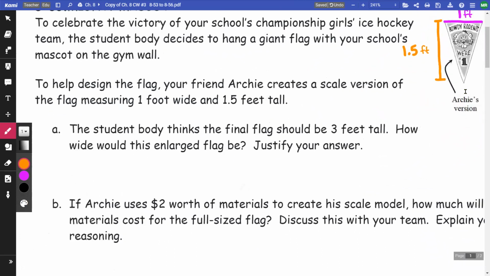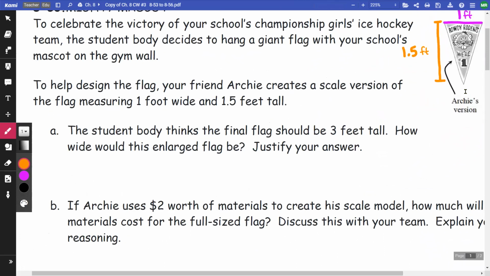Now on part A, it says the student body thinks that the final flag should be 3 feet tall. Again, his version was 1.5 feet tall. We want to figure out how wide this enlarged figure should be and justify our answer.